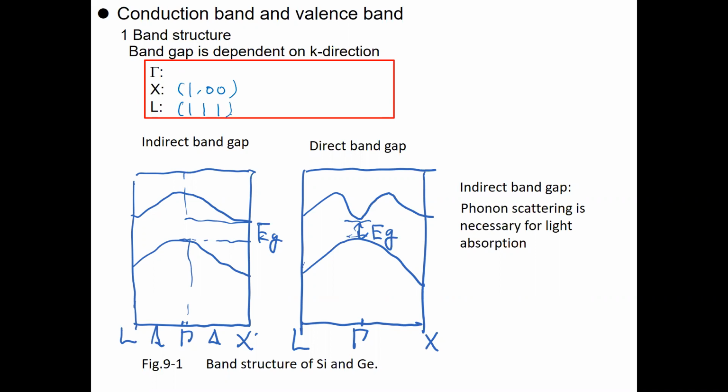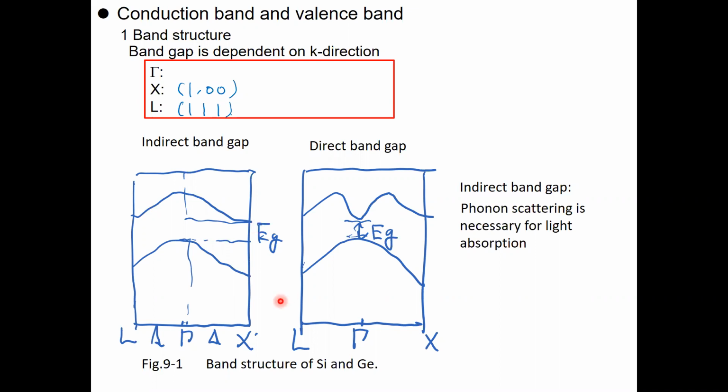Based on this, for example, this is the silicon case, and this is germanium. This is a key feature of the band diagram. Please check the real band structure on the internet.